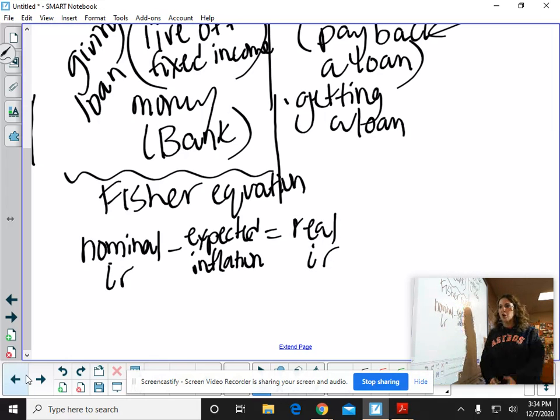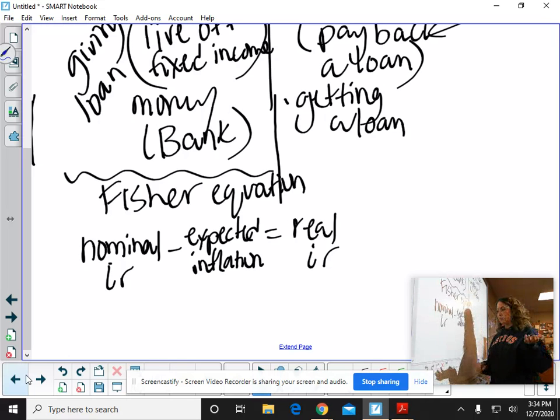So banks will charge the nominal interest rate based on whatever they expect inflation to be. They know whatever they charge, inflation is going to eat away from it. That's why it's a minus sign. It's going to take away whatever they charge, and they'll be left with whatever's left.